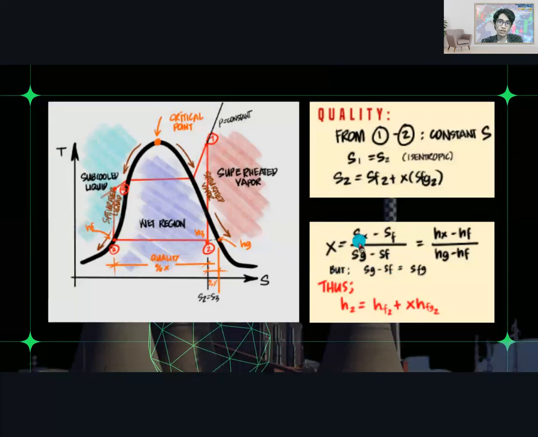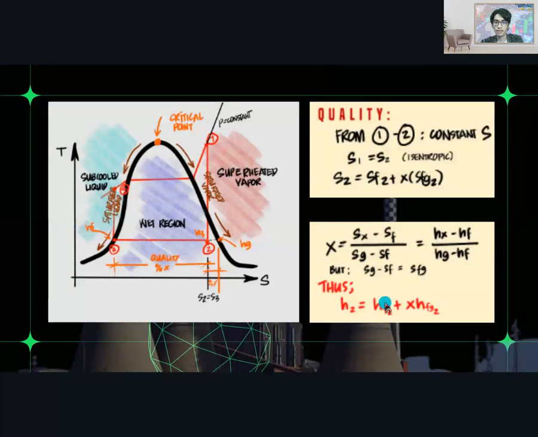X is equal to entropy sub X minus entropy of saturated liquid over the entropy of saturated vapor minus the entropy of saturated liquid, which is equal to enthalpy sub X minus the enthalpy of saturated liquid over the enthalpy of saturated vapor minus the enthalpy of saturated liquid.